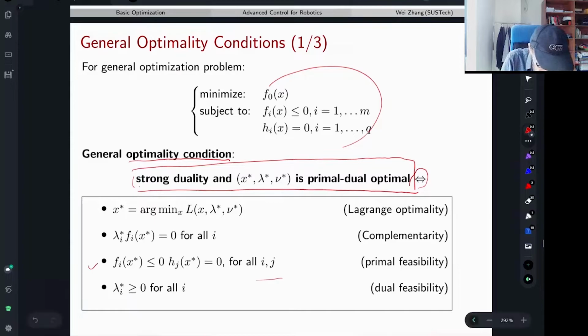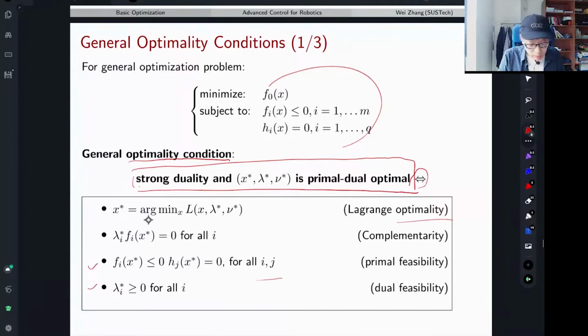And also this has to hold: given these multipliers, x star has to be the minimizer of the Lagrangian. I didn't say whether this is convex or not yet. Let me repeat: I don't care whether this problem is convex or non-convex. I just need to satisfy these four conditions, and that means this is a primal-dual optimal solution.